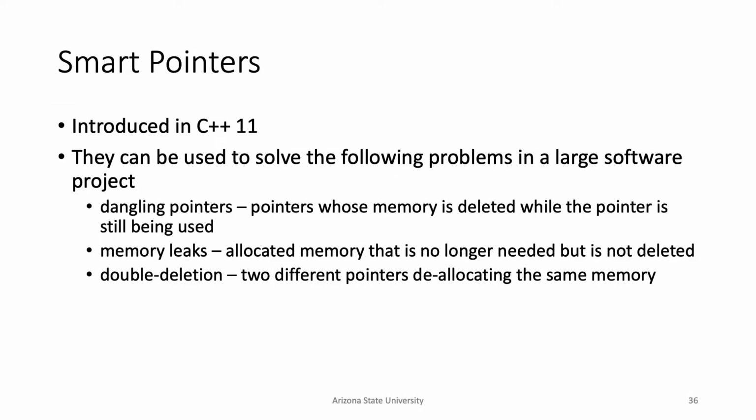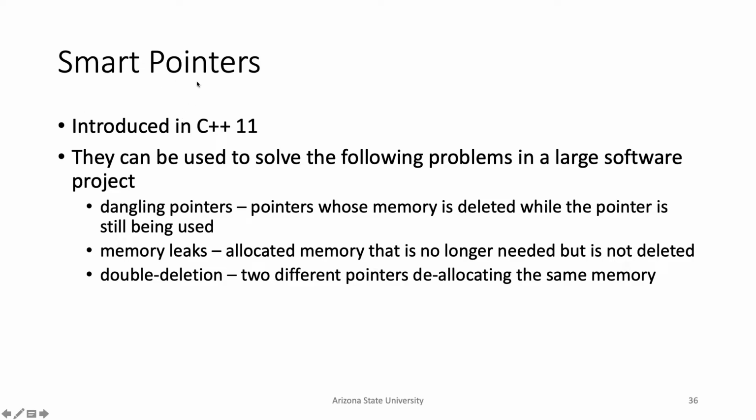But if you really need a pointer, which does happen, you do actually need a pointer sometimes, and you can't wrap it up in another object and let the objects handle it for you with RAII. But we saw it was dangerous to have a pointer because there could be multiple exit paths from a function, and then you need to put the corresponding delete in every one of those places.